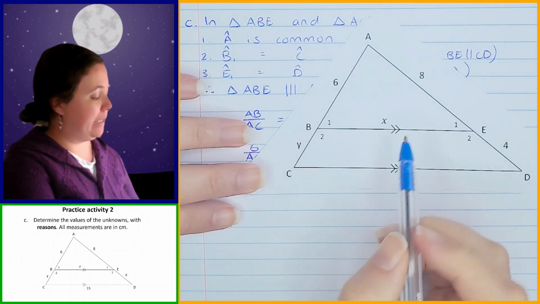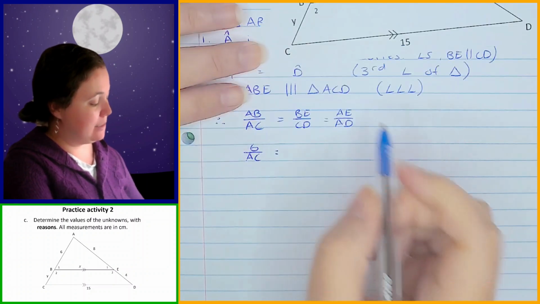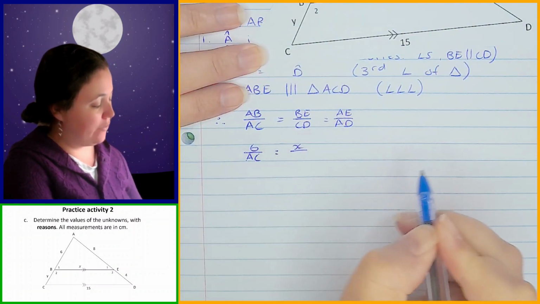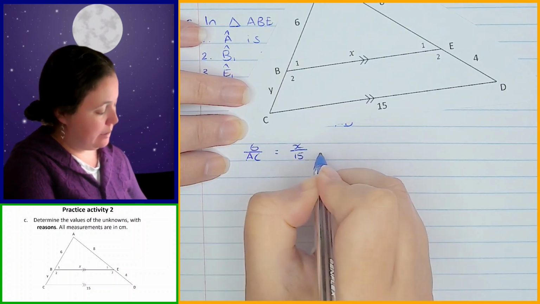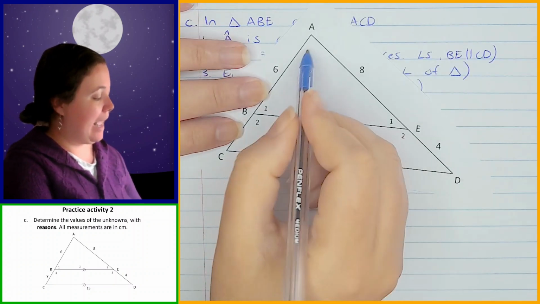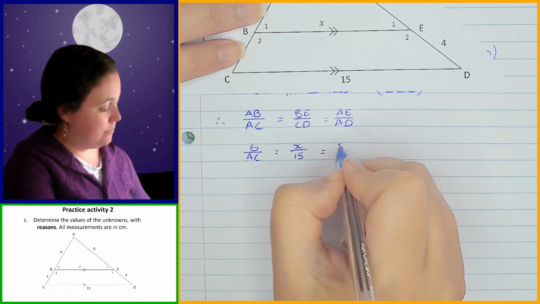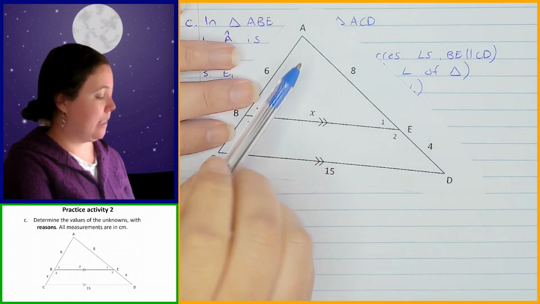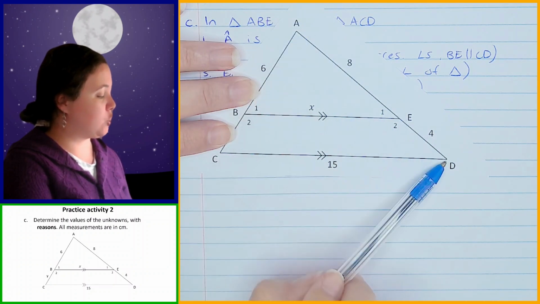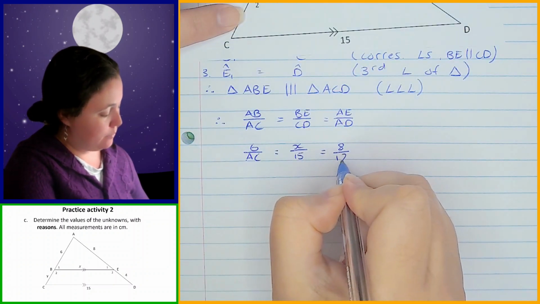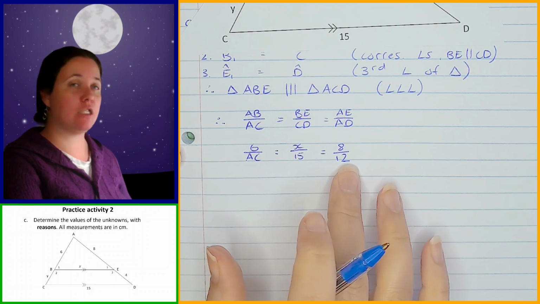Equals BE, which is X, over CD, which is 15, equals AE, which is 8, over AD. Now AD is 8 plus 4, which is 12. Okay, so now I've got my fractions.